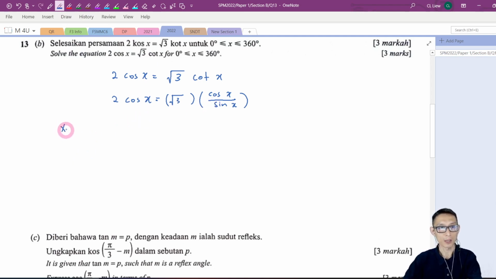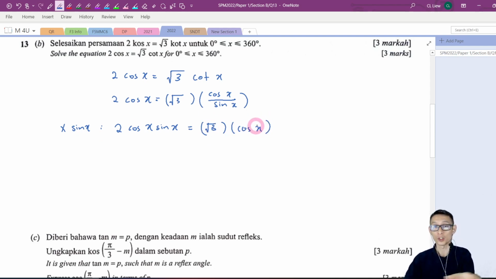Both sides I multiply by sine x. So here will become 2 cosine x sine x. And this one we can no longer cancel out with this sine x. So you will get square root 3 times cosine x.